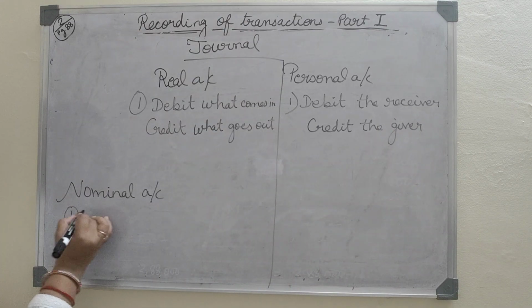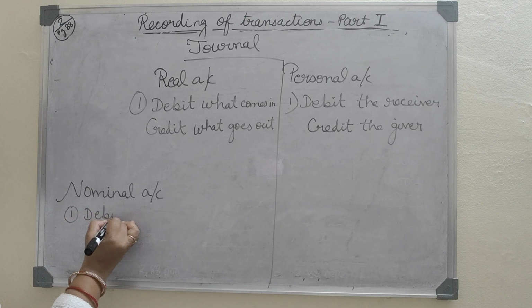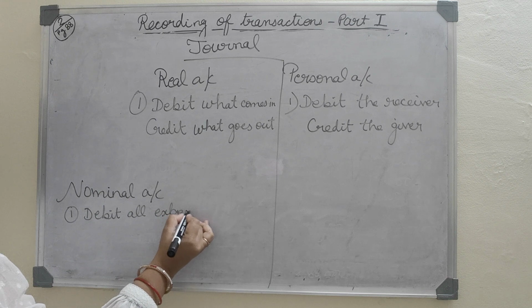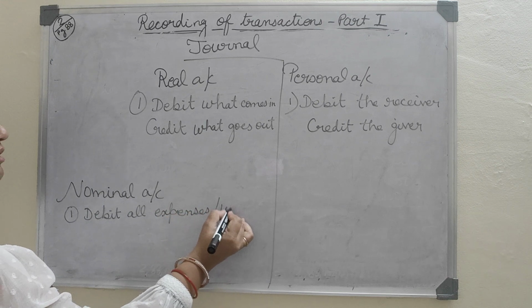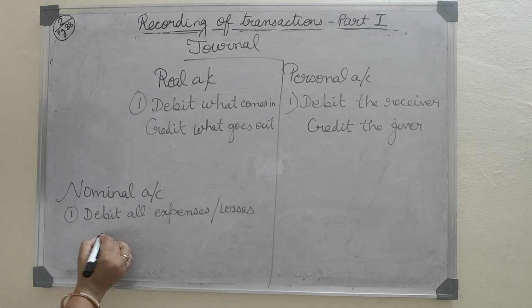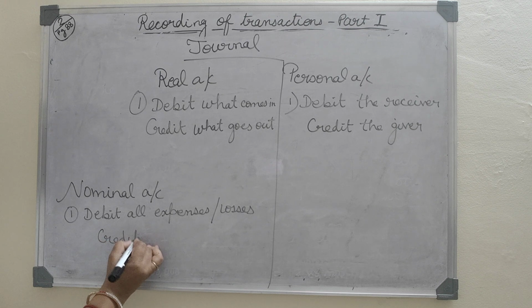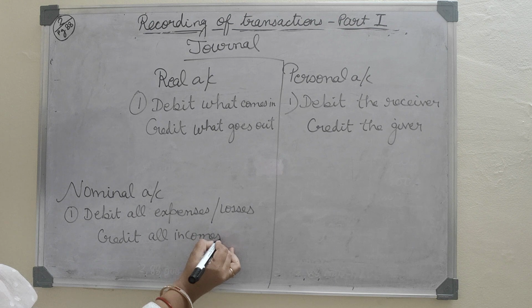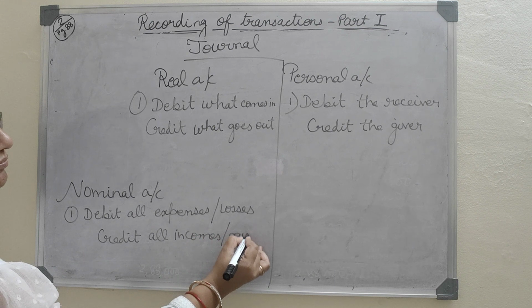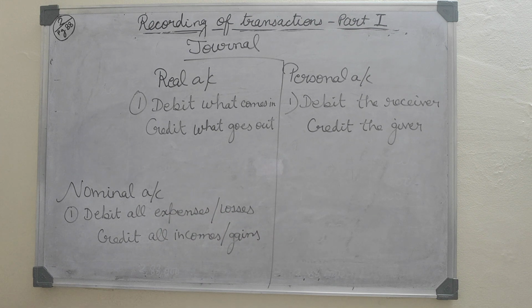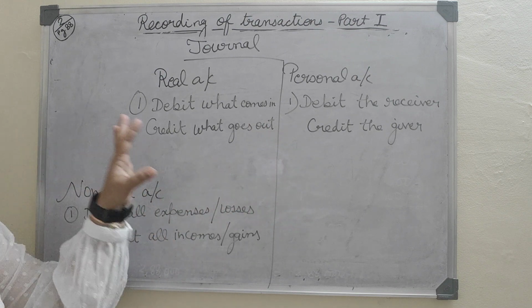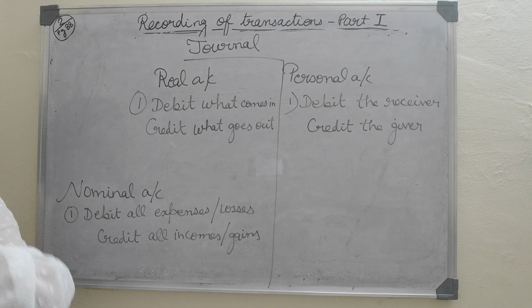Nominal account says debit all expenses, all losses, credit all incomes or gains. These three you will learn by heart. Whenever we record a journal entry, these three will be used again and again.